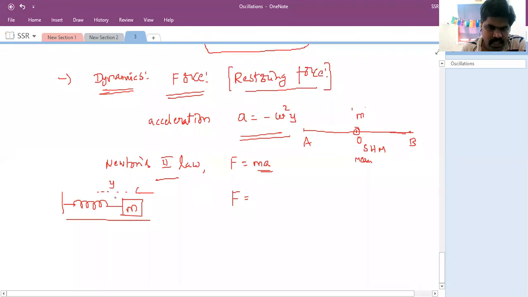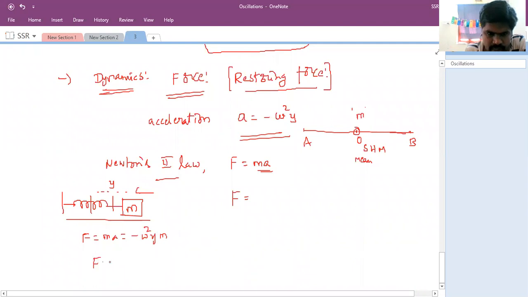This compression will make a restoring force act on the block. That force we can take by using acceleration a, ma. Then ma is equal to minus omega square y into m.